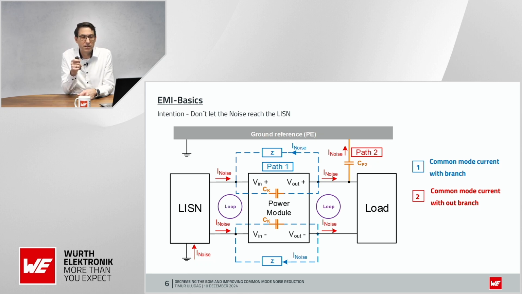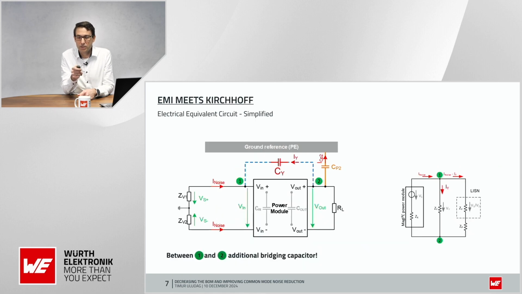But how can we calculate this capacitor? To go for an equation, we have to understand that the whole circuit can be drawn like this: we have our line impedance stabilization network, the power module, and our load resistor.